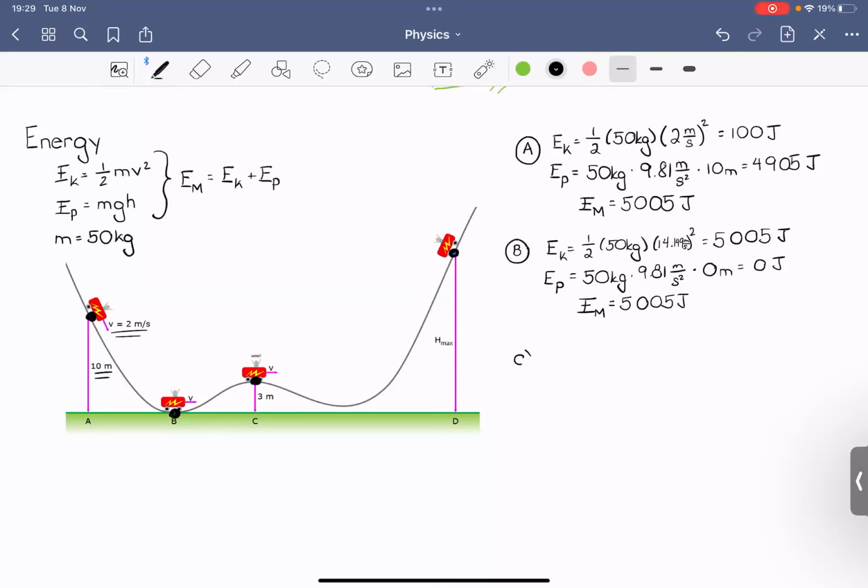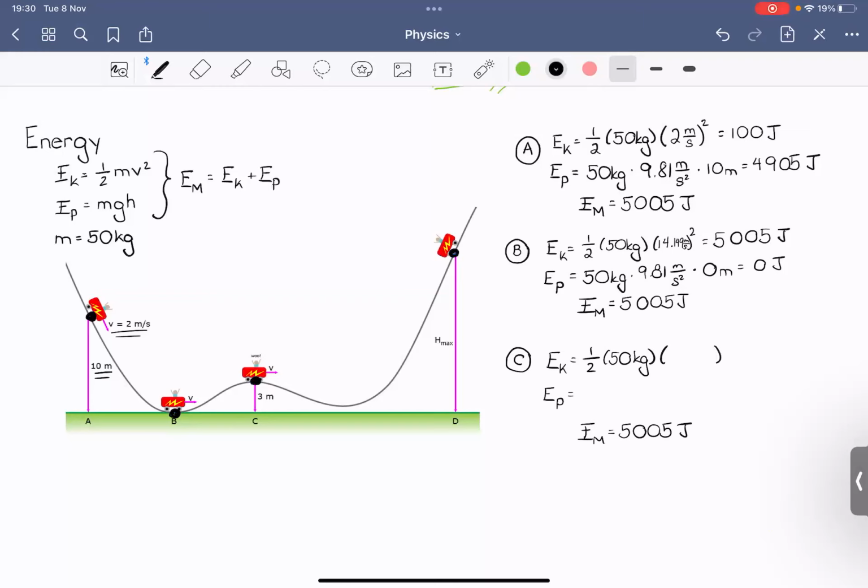Point C. In point C, we have a height, therefore we are going to have a potential energy. So kinetic energy and potential energy and mechanical energy. My mechanical energy is exactly the same, 5,005 joules. My kinetic energy, 1/2 times 50 kilograms times my velocity, but I don't know my velocity.